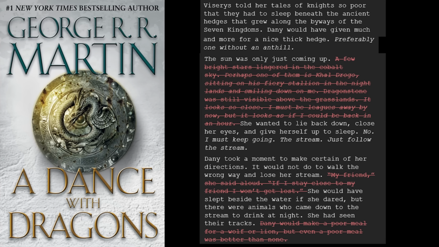And then I also cut a description of the stars being in the sky, remembering Khal Drogo, and looking about how the hill behind her is still close and she could still go back. Redundant, because we get that information later on about her struggle of whether she's going to turn back or not. It's just pointless, redundant information.